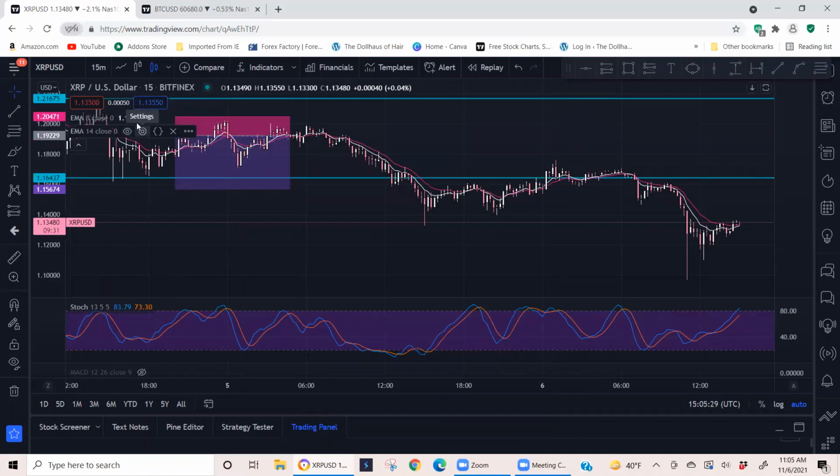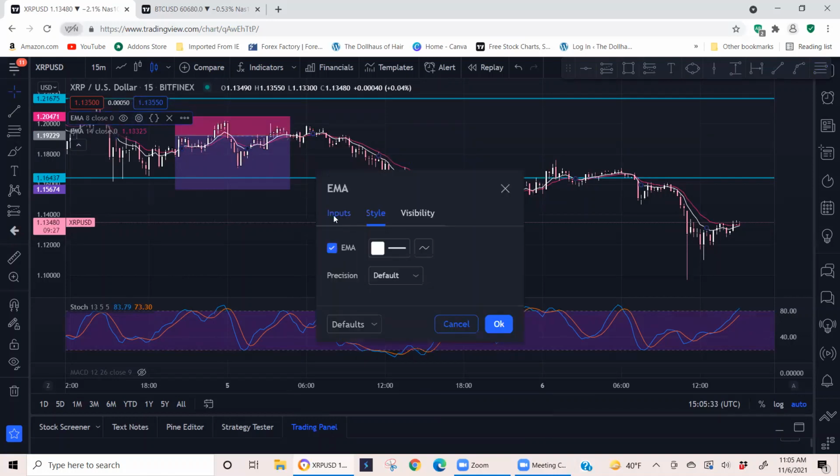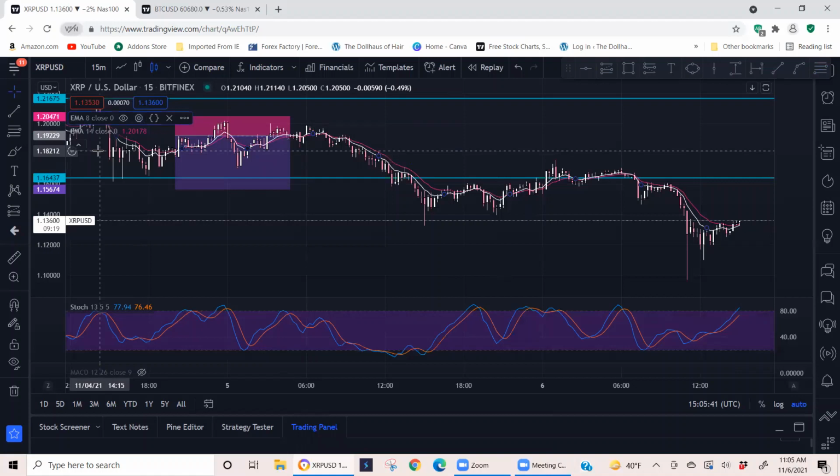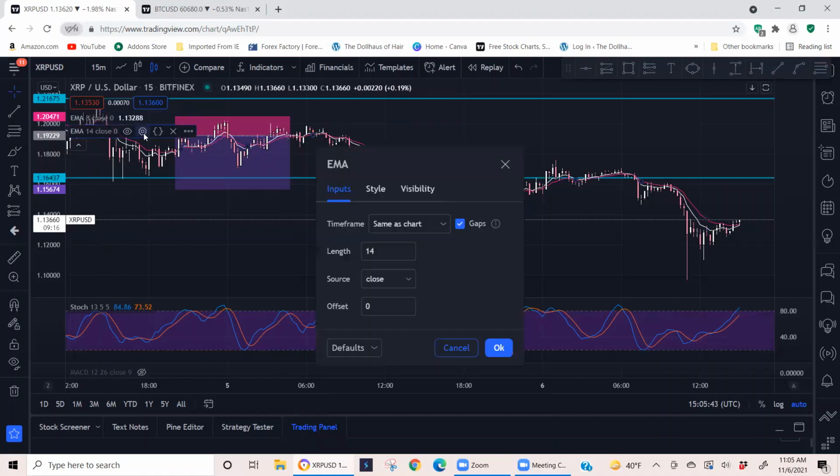The next thing I want to show you guys, just in case you do decide to use moving averages, these are the settings for the moving averages. That's one of them. I have two moving averages on here. And then this is the second one. And again, I don't really use moving averages, but the person that I learned this strategy from had it on their chart, so I just put it on mine.